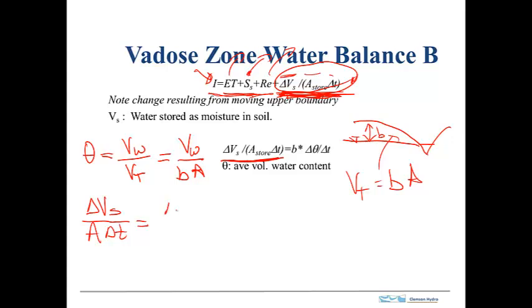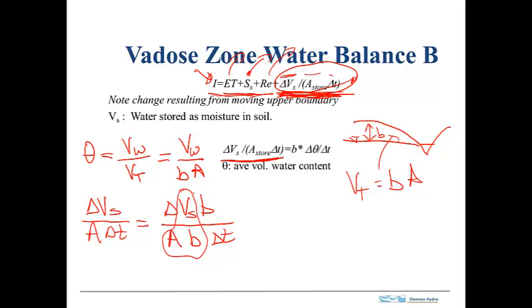What I'm going to do now is write this as change of volume stored, and I'm going to multiply by B, the average thickness of the aquifer. I'm going to multiply top and bottom by B, so these two are equivalent. And what I get from that is that this thing right here is the water content. That's the average water content.